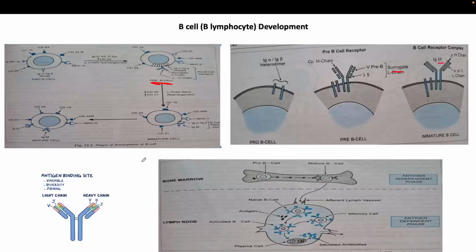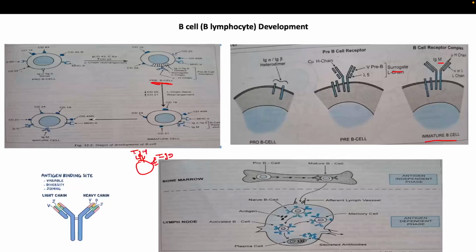We know that in the B cell there are two types of antibody: first one is IgM and another one is IgD, as we read in the previous class. So firstly IgM will be produced, and once IgM is produced it is called the immature B cell, because the IgD is still not produced.